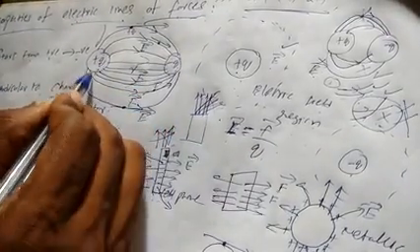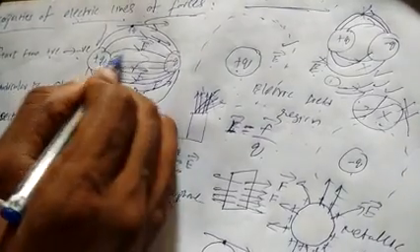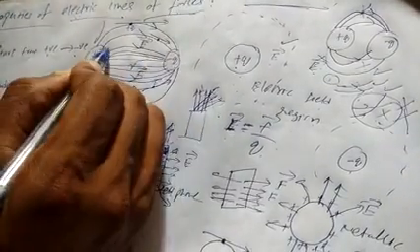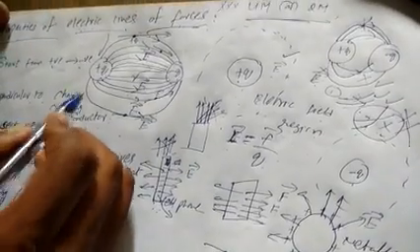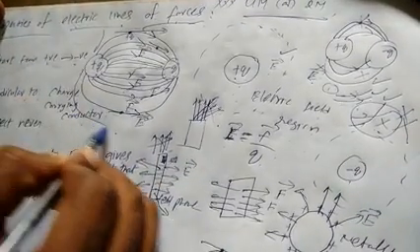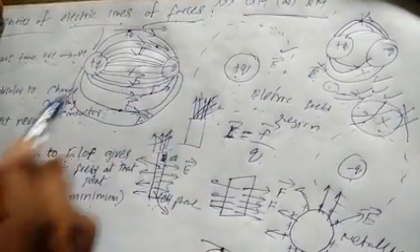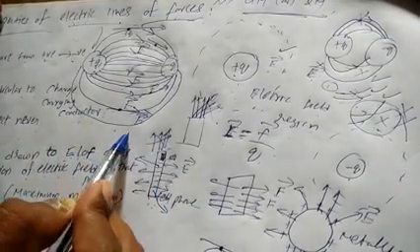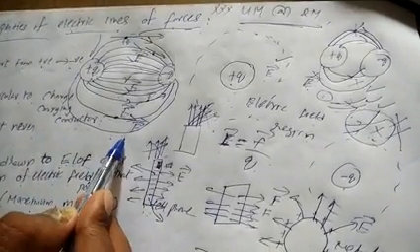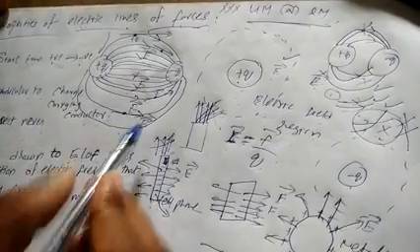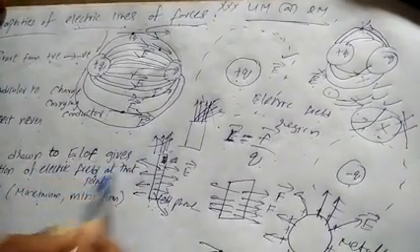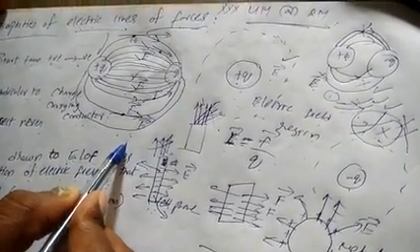Near here, the electric field lines of force are maximum. At this point, the electric field lines are loosely packed, so the intensity is less. At this region, minimum intensity of electric field lines of forces.